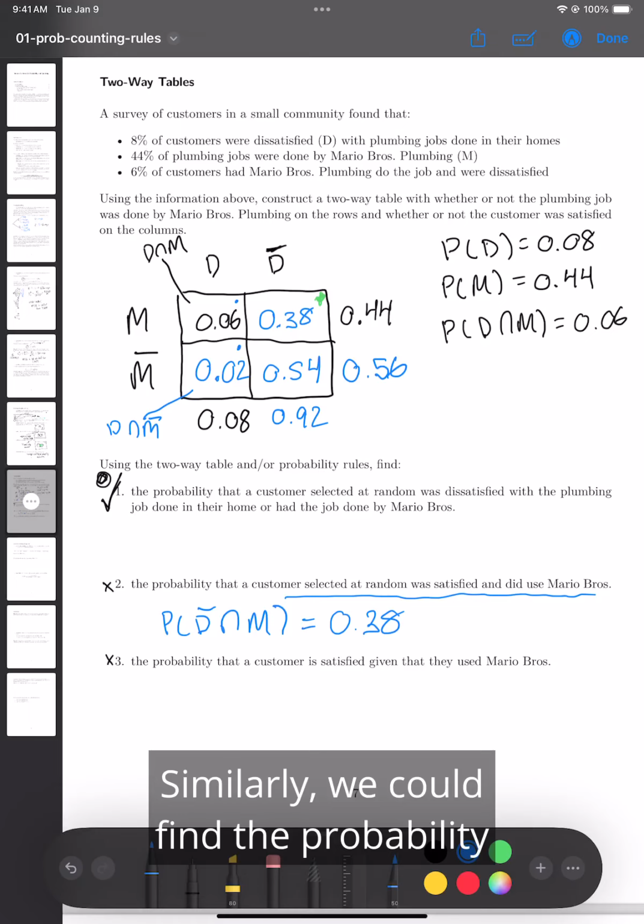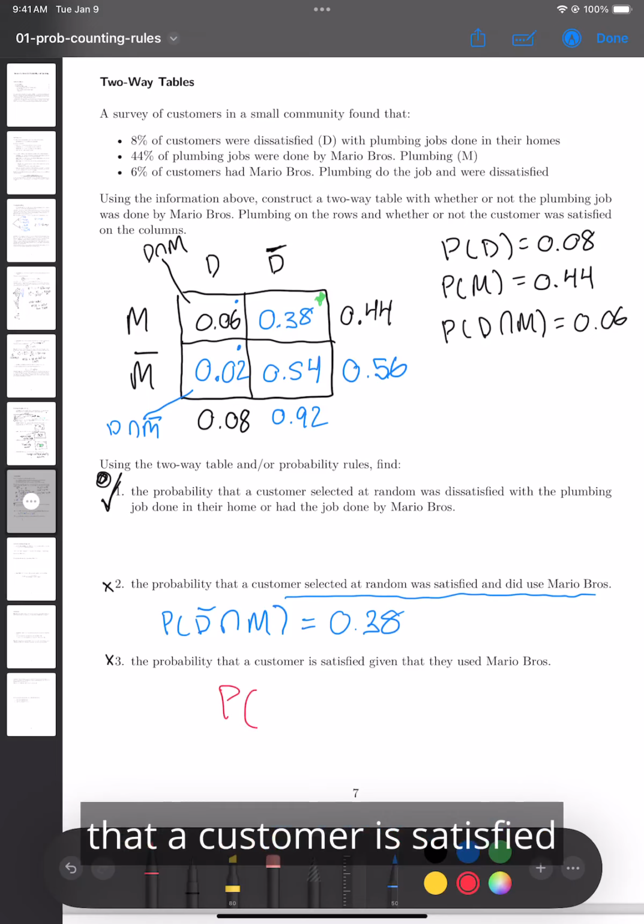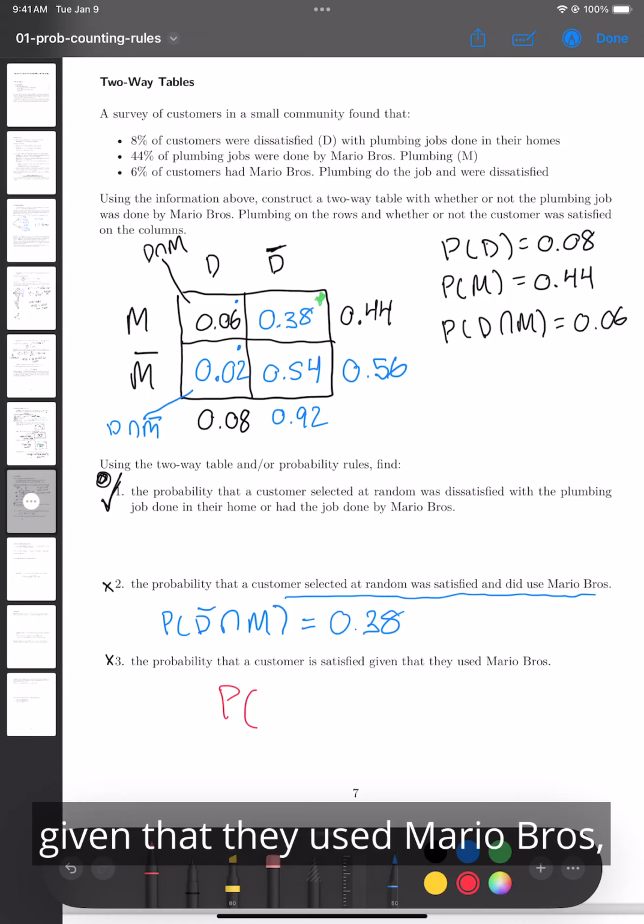Similarly, we could find the probability that a customer is satisfied given that they used Mario Bros.